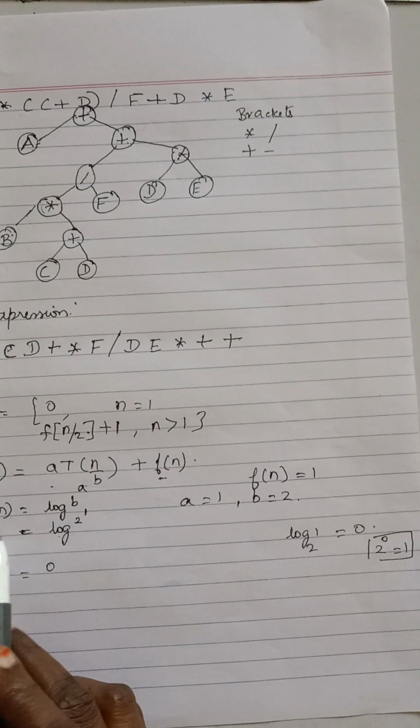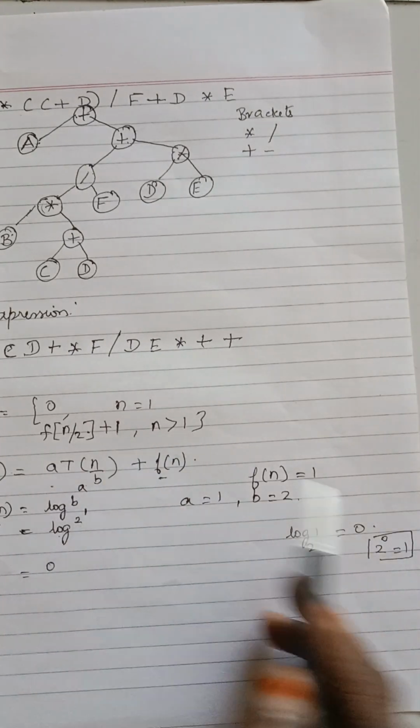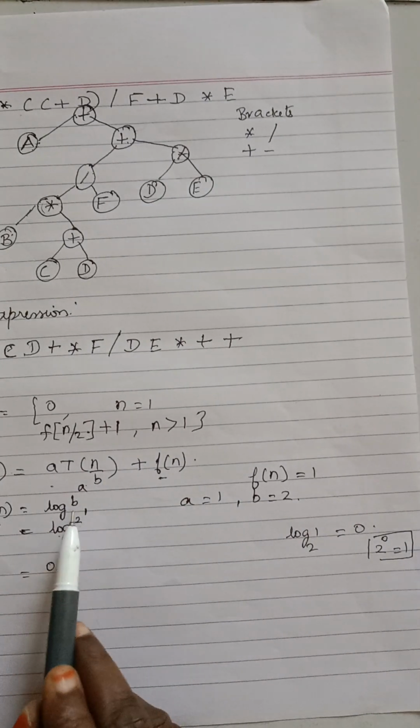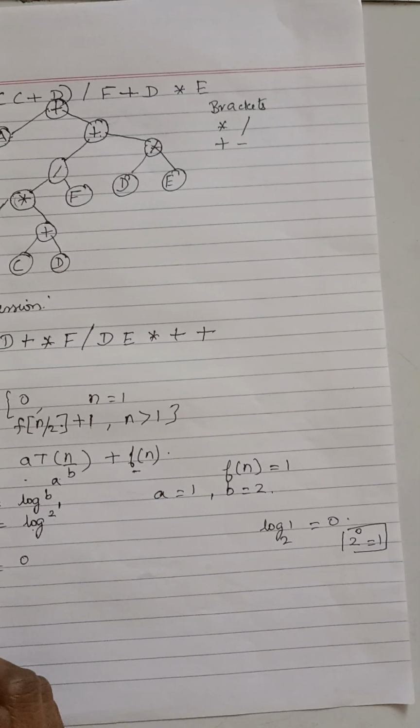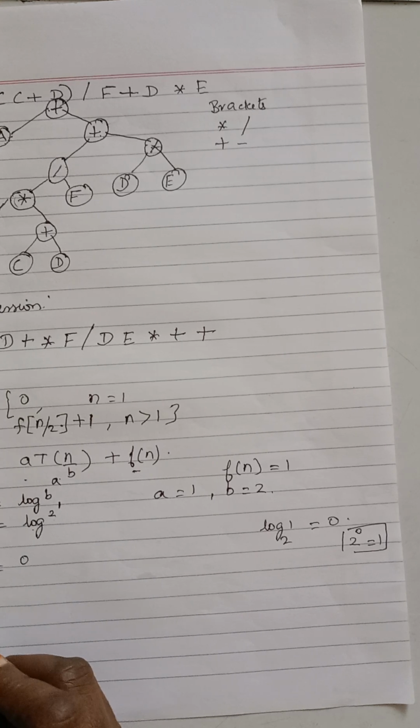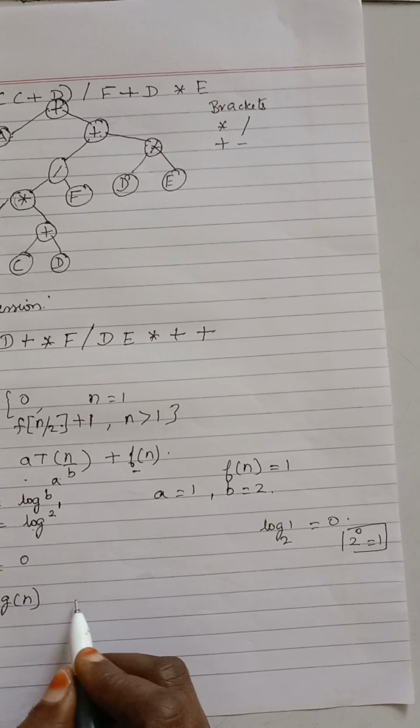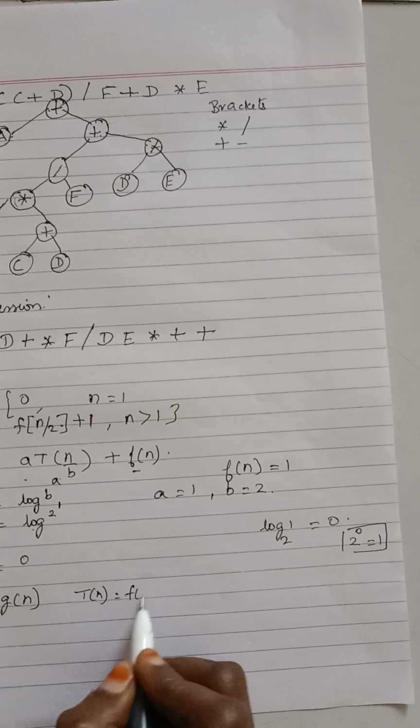Next, after finding g of n, we know f of n that is given is 1, and g of n we have to find out as n to the power log base b of a. Next we have to know the conditions, comparing f of n and g of n. If f of n is greater than g of n, then the recurrence is f of n.